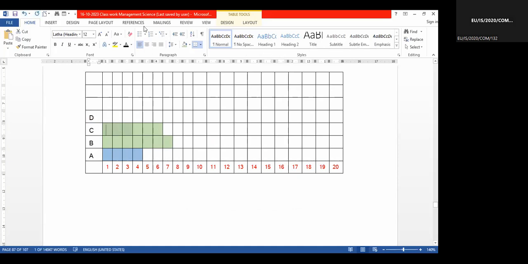You see activity D starts after completing A and B. A and B are completed here, at a maximum of 7 days. From that point D starts. D how many days? 5 days. 1, 2, 3, 4, 5 days.